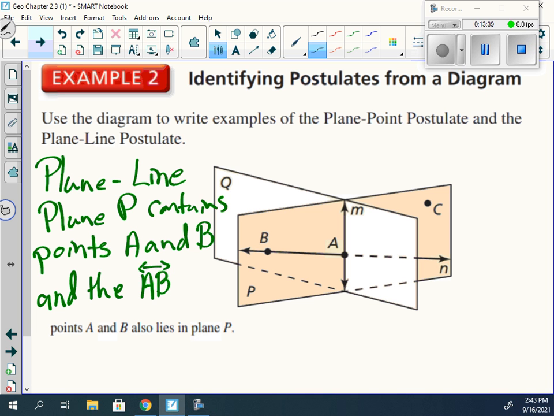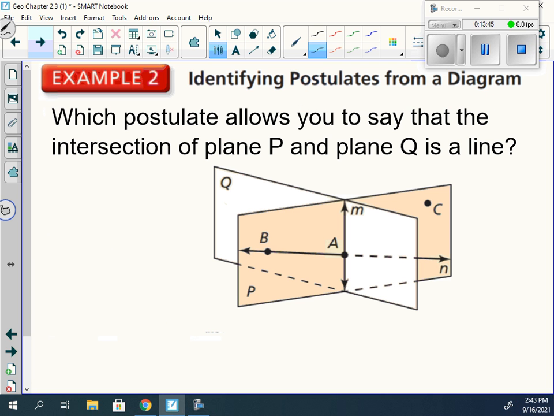Any other questions on example 2, this example here? Which postulate allows you to say that the intersection of plane P and plane Q is a line?